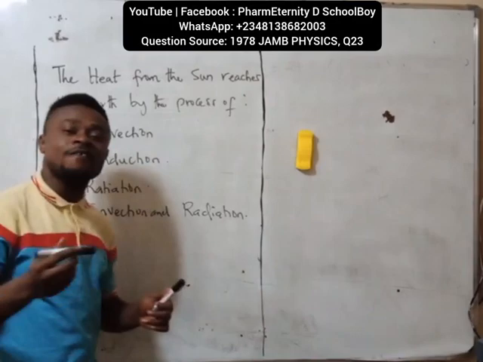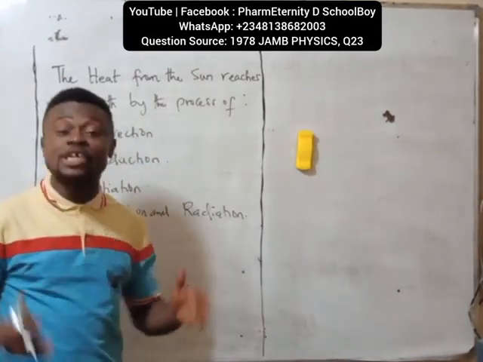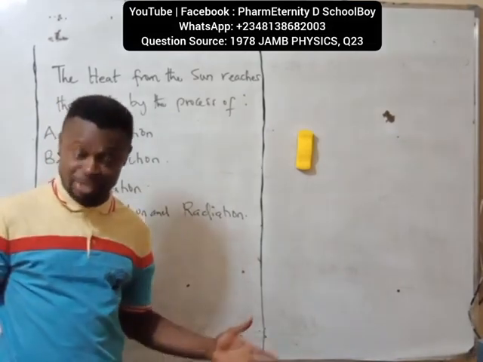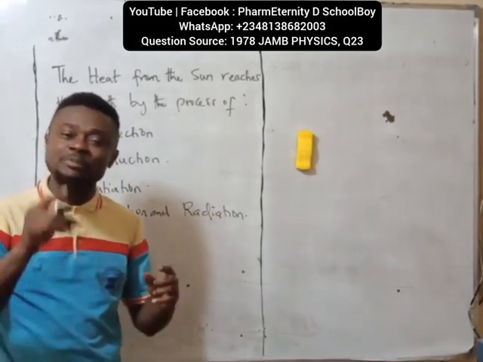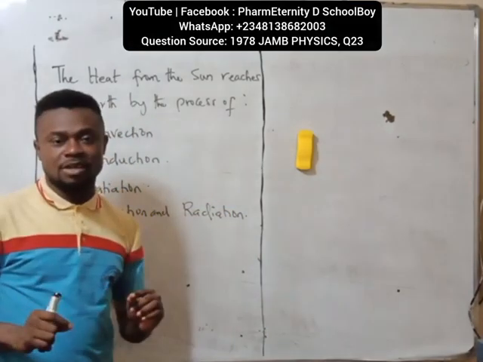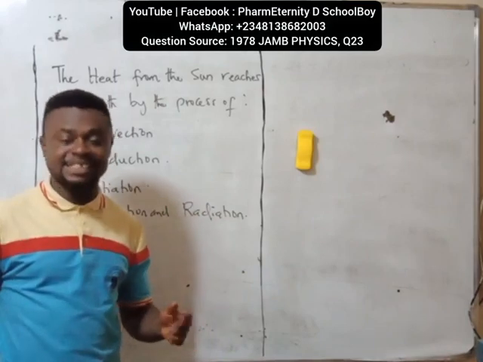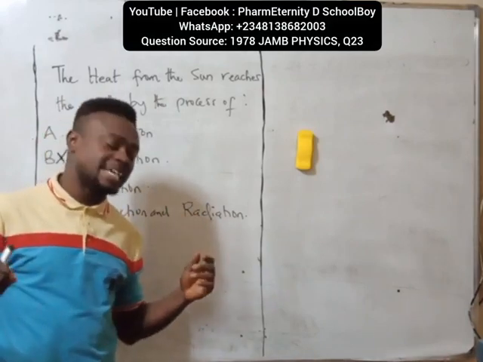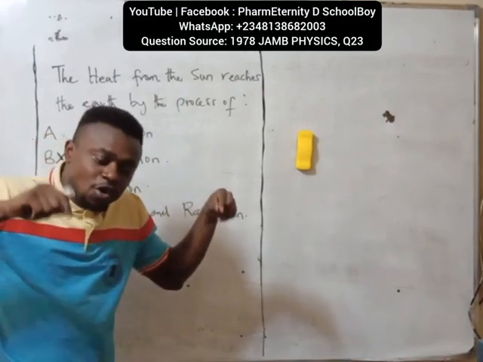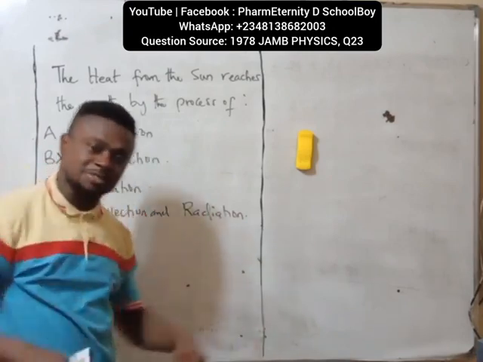Now, what of convection? What happens in convection? Convection also requires a material medium. Yes, it's heated, but convection happens in fluids, and when I say fluids, I mean liquids and gases. What actually happens is that there is a movement of these particles.